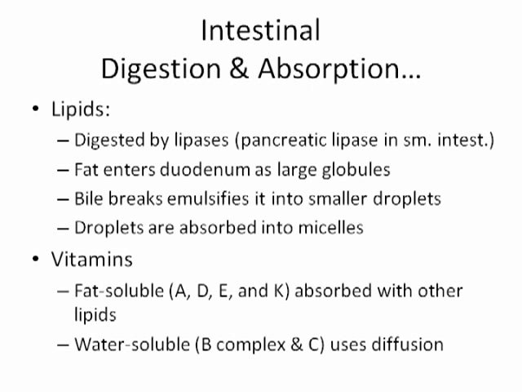And what it does is it basically helps to absorb the fat. Now, think about this. The fat here is entering into the duodenum, into the small intestines, as these large globs or globules of fat.